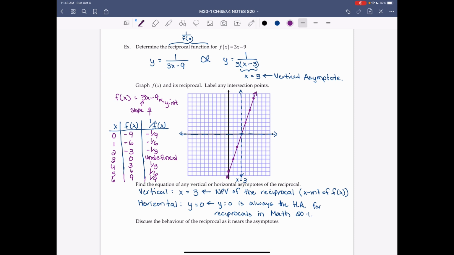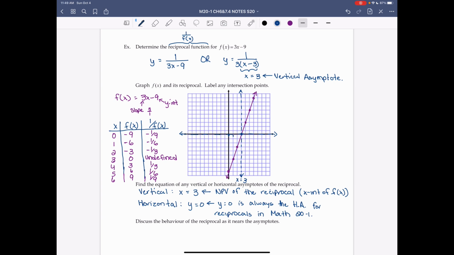Let's plot those points for the 1 over f of x. So at x equals 0, y is -1 over 9, which is really, really close to y equals 0, but just below it. And then when x equals 1, y is -1 over 6, which is just a little bit further down from that last point.